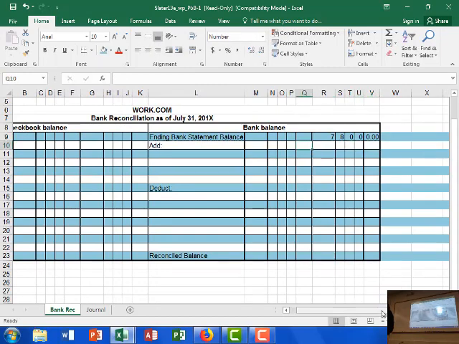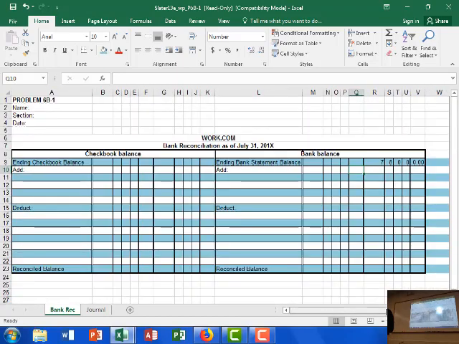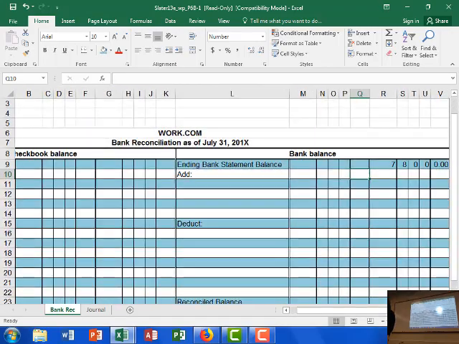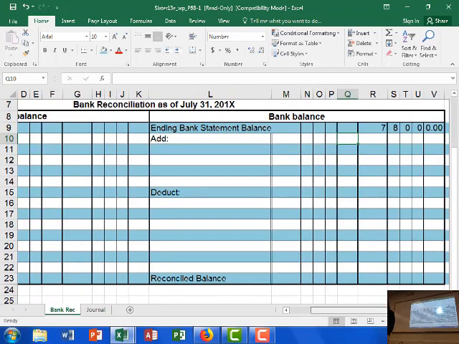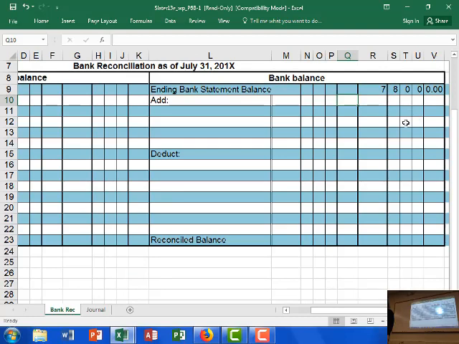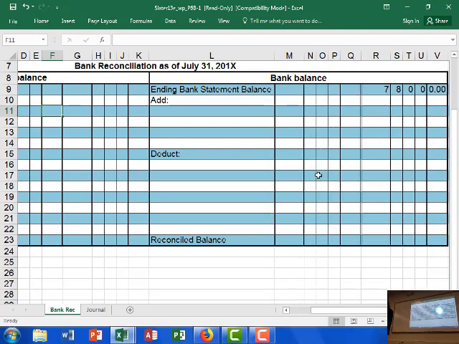After all my bills are paid, neither do I. Then it says that based on the check stubs, the ending checkbook balance was $8,320. Obviously, there are some things that have not been recorded or balanced. So our task is to prepare a bank reconciliation for work.com as of July the 31st, 2019 from the following information. Then you also need to journalize the items that are needed.